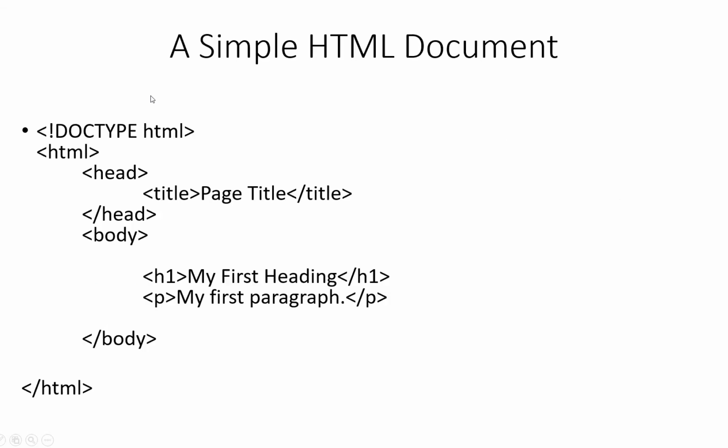We have seen it before in the first introduction to this HTML playlist, where I demonstrated how you can create a simple HTML document. So here we see an HTML document is basically this.